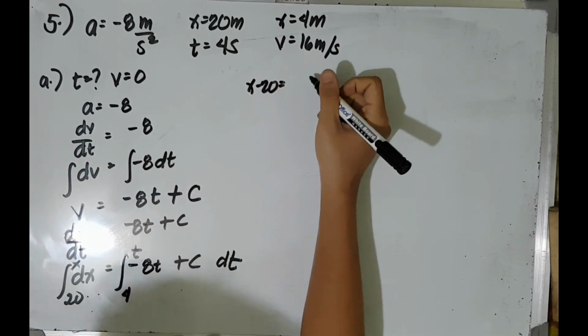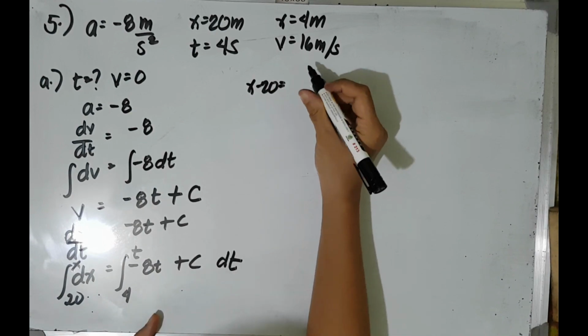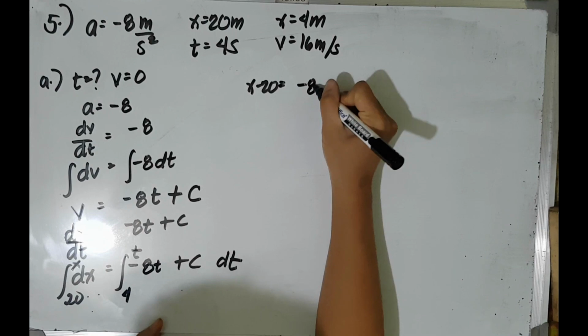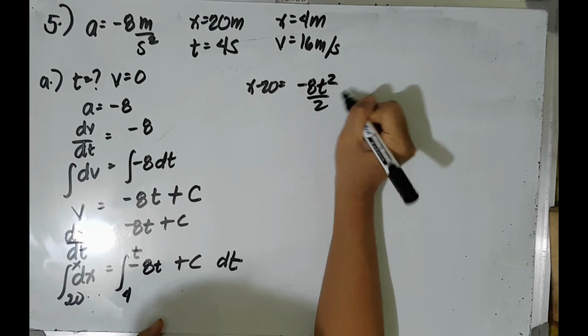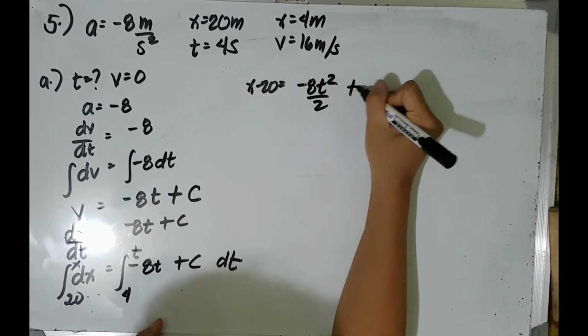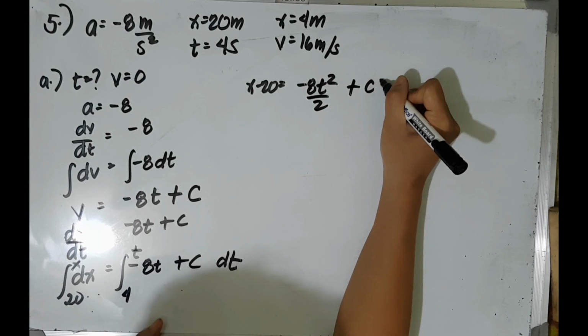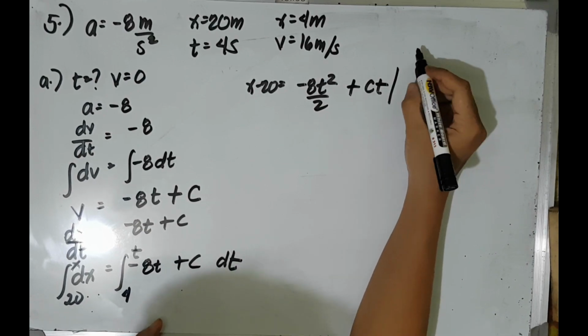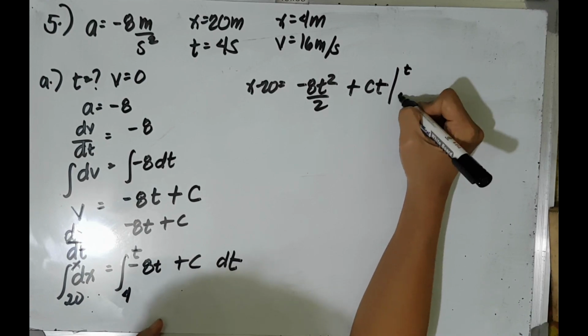So x minus 20 is equal to negative 8t squared divided by 2 plus ct, upper limit t, lower limit 4.